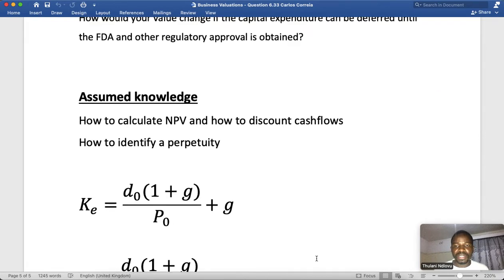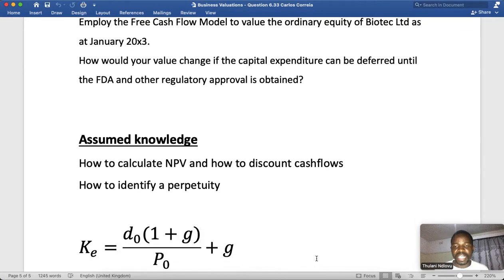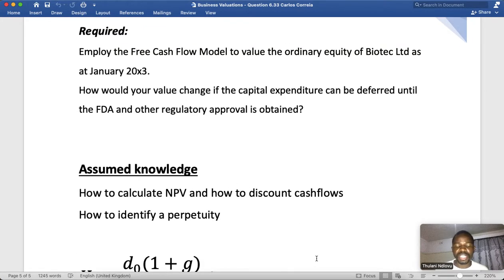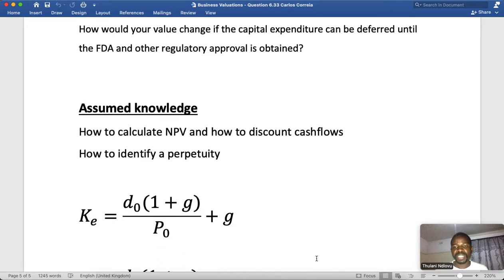Now, before we start reading the scenario, there is assumed knowledge that is required. The assumed knowledge is that you are now able to calculate the NPV and you are also able to discount the cash flows. You are also able to identify a perpetuity. There is a difference between a perpetuity and an annuity.